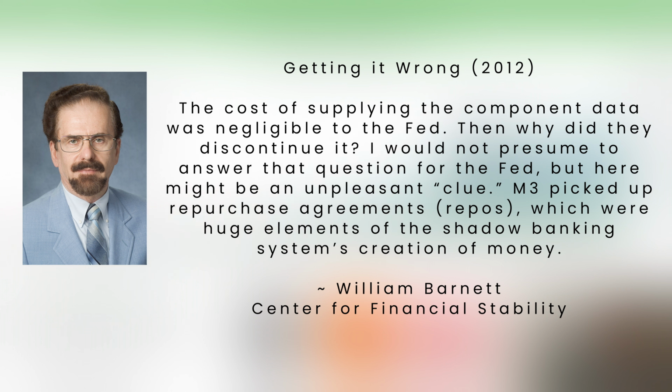As I mentioned, Mr. Barnett was an economist at the Federal Reserve for decades, probably even during the time when Mr. Volcker and crew were developing these monetary M curves at the Federal Reserve in the 50s and the 60s. He is now the director of the Advances in Monetary and Financial Measurement at the Center for Financial Stability. And they have published a lot of good data as well.